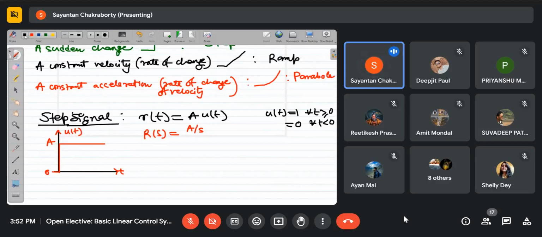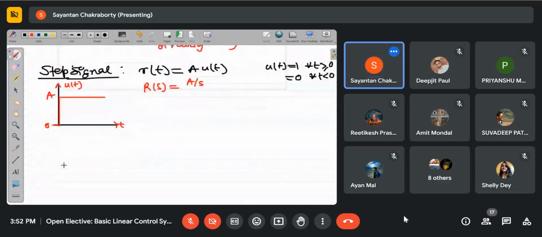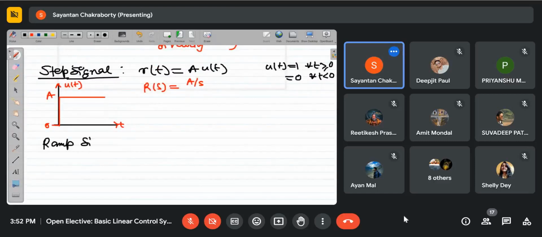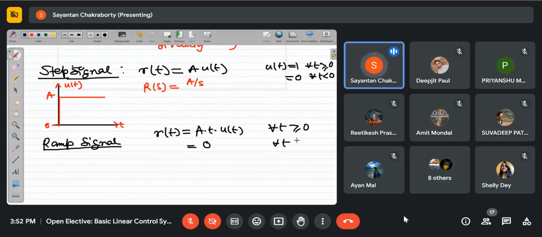Now, next we have the ramp signal. r(t) is equal to A t u(t) for all t greater than or equal to 0, equal to 0 for all t less than 0. And this is not required because u(t) is already defined as this.